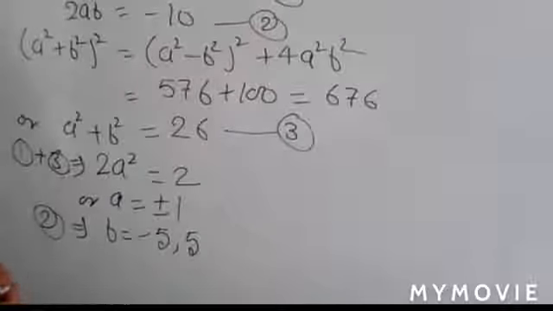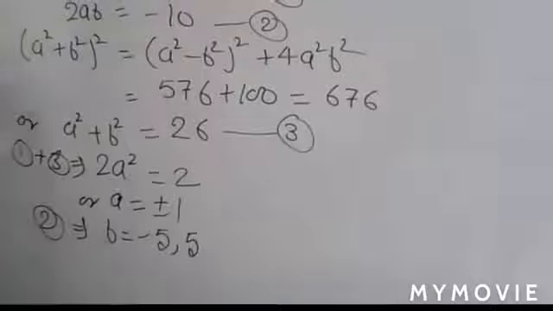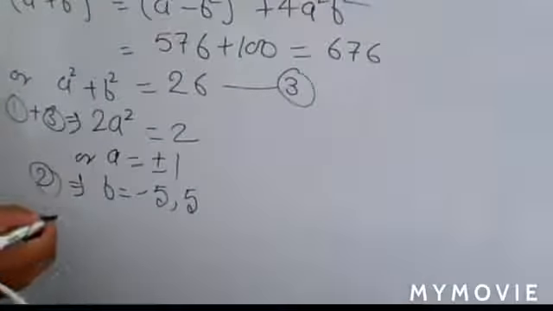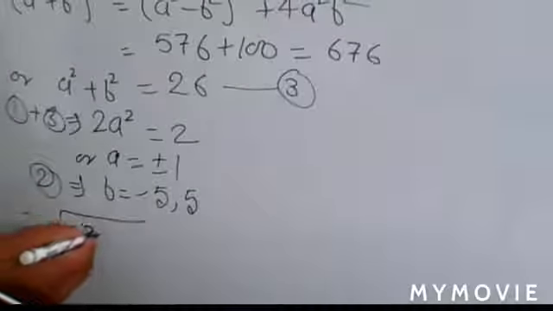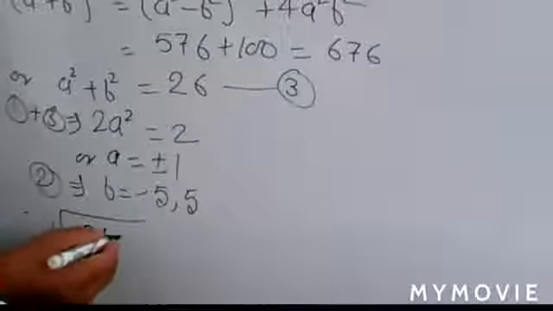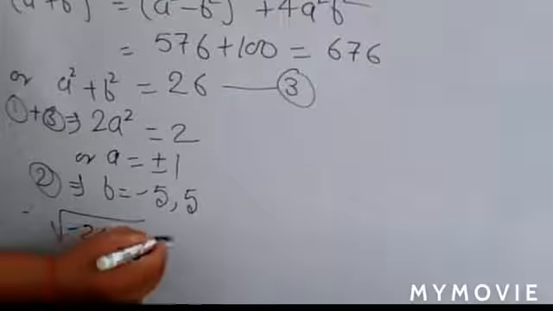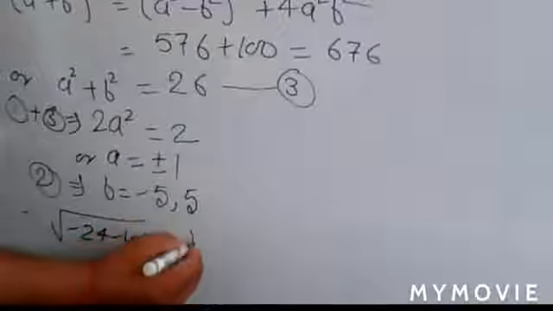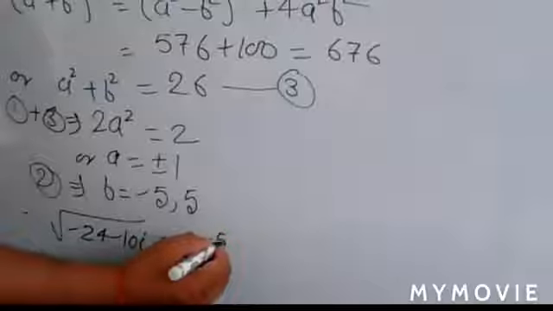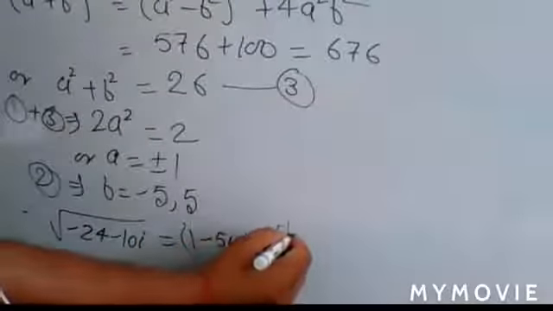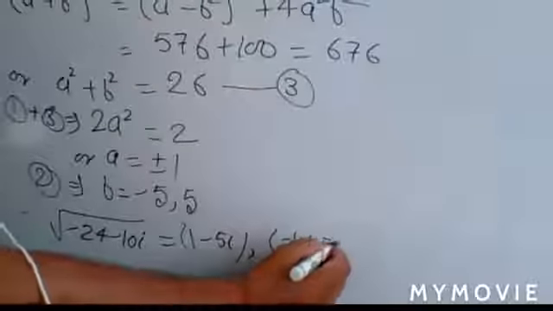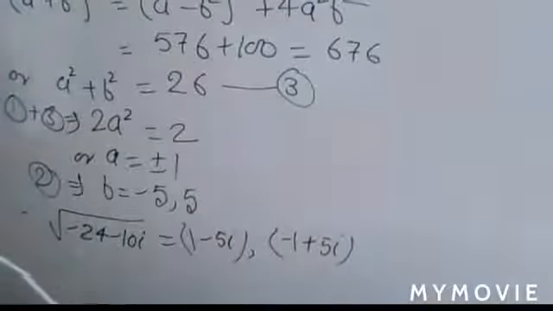So the square root of minus 24 minus 10i can be written as 1 minus 5i, and minus 1 plus 5i.